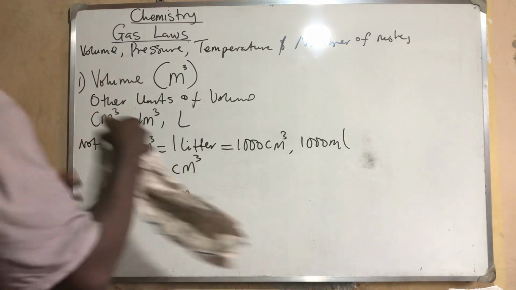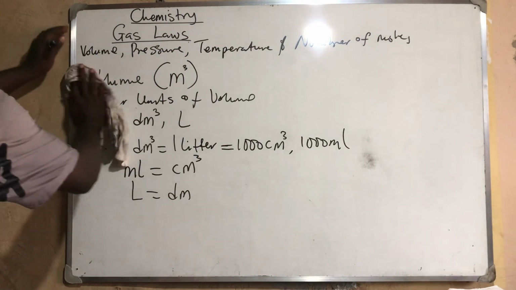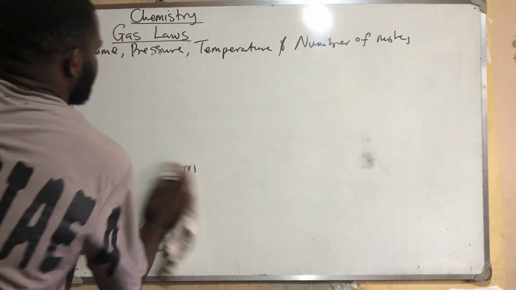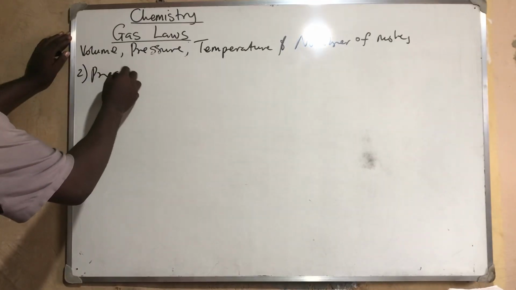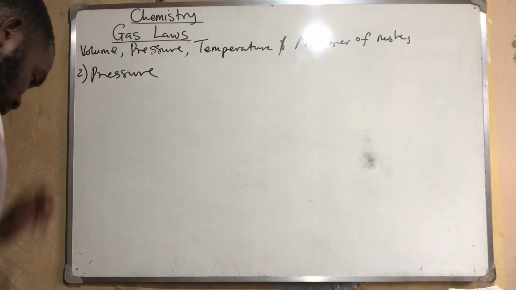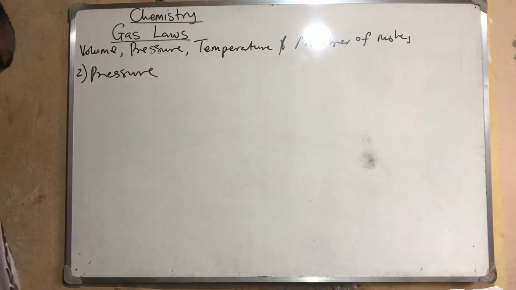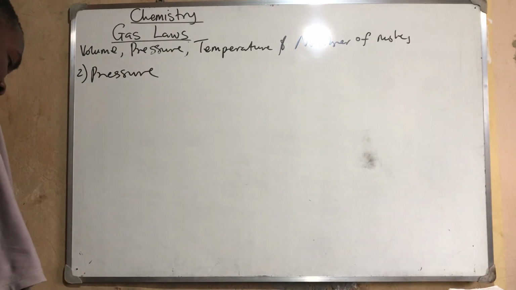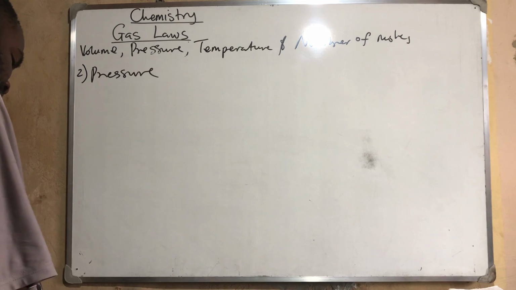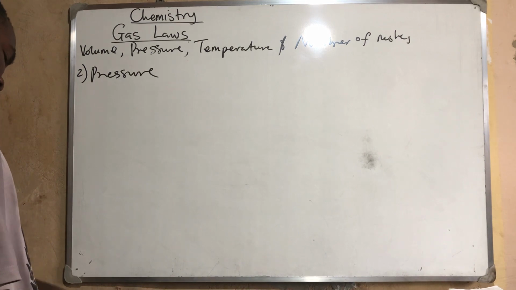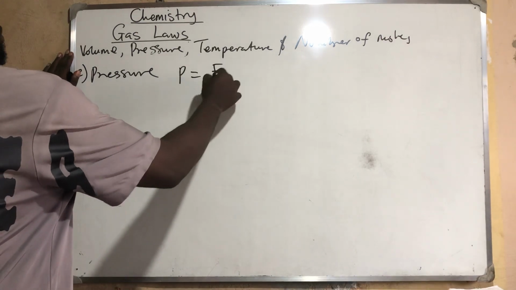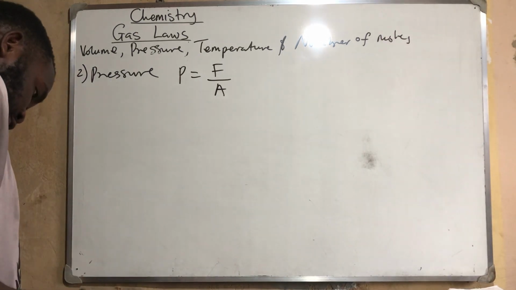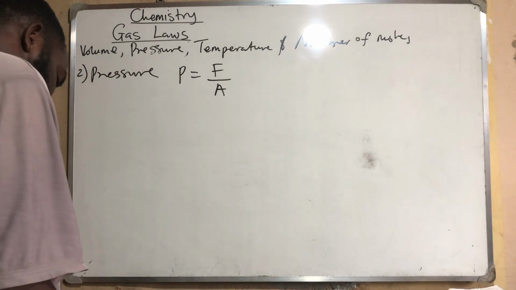Another thing we'll look at is pressure. Number two, pressure. Pressure is defined as the total force exerted on a surface divided by the area of that surface. Pressure is force over area, or force per unit area.